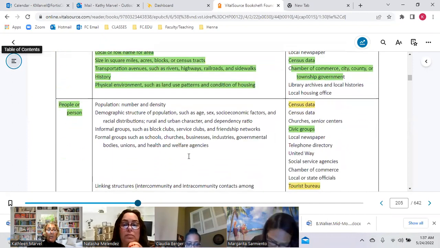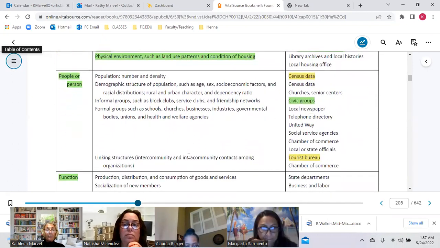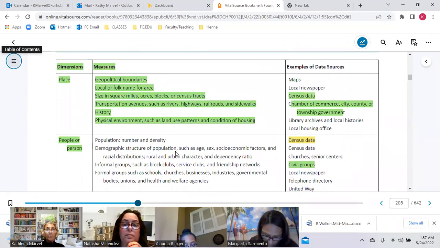Professor Marvel. Yes. For places, I'm just trying to define it. Is it kind of like a city? So we're looking at community as a place, the actual place of the community.